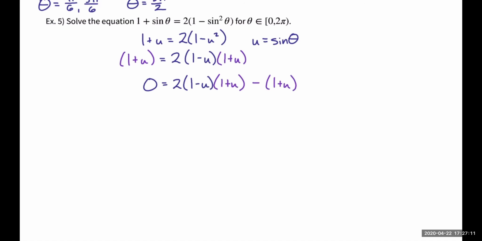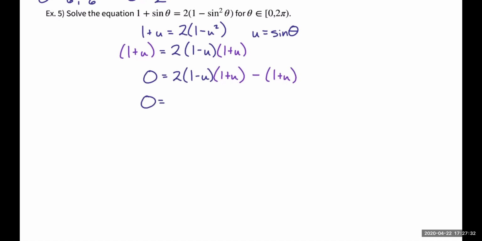Right? And now this is super similar to what we did with factor by grouping, where we have a term here and a term there. Two distinct terms are separated by subtraction, but they have a greatest common factor of 1 plus u. So we're going to factor out that 1 plus u.